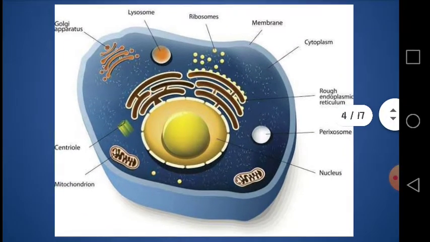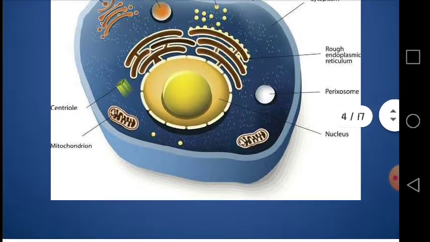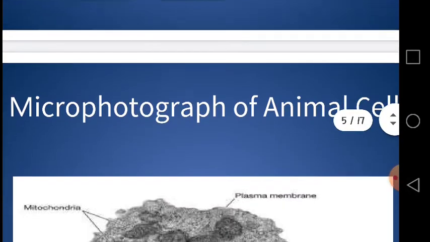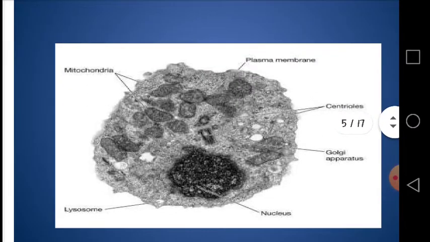As you can see from this structure, the major structures of the animal cells are cell membrane, cytoplasm and the nucleus. And beside this, there are so many organelles which are floating in the cytoplasm. So now we are going to focus on the microphotograph of animal cell. As you can see from this photograph, this is a microphotograph.